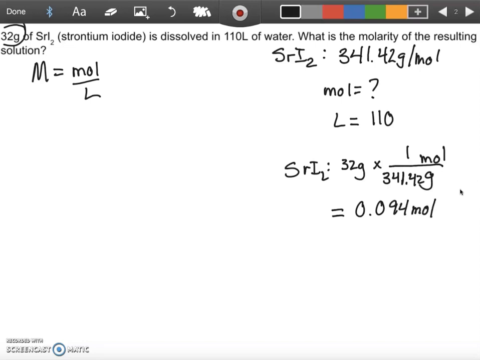Now we're ready to plug this into the definition of molarity. 0.094 moles divided by the 110 liters, and this should give us our molarity. So 0.094 divided by 110. It's going to come out to be a really small number. We get only two significant figures because this last zero is not significant.